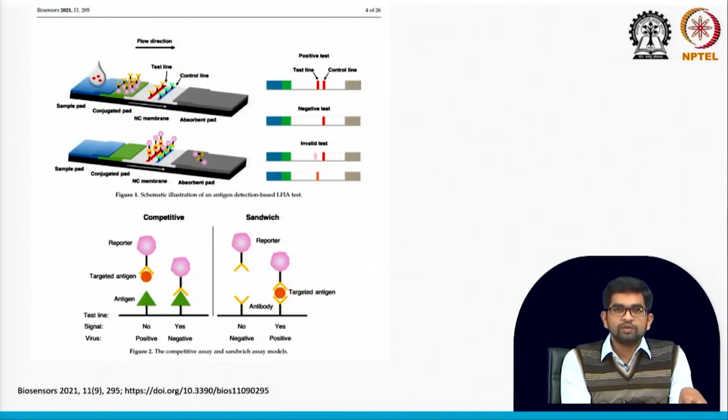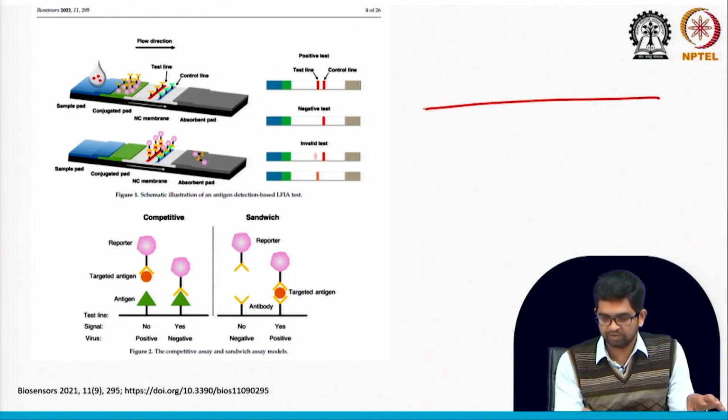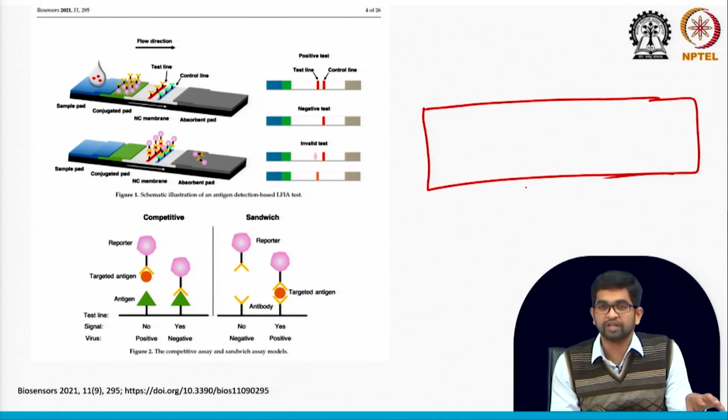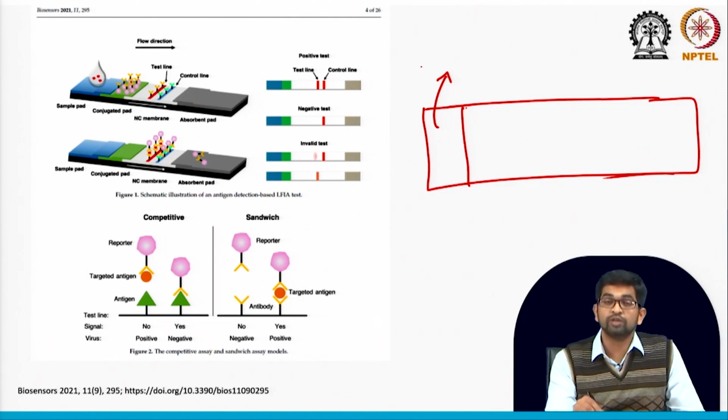See, here is one image you can see. Lateral flow, I already taught you. Like a paper strip, we can use it. There are different chambers or regions. One is called the sample pad, where we drop the sample, and another is the reagent pad, where we use different kinds of conjugated agents.